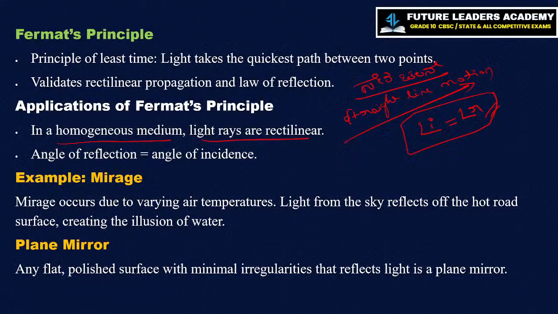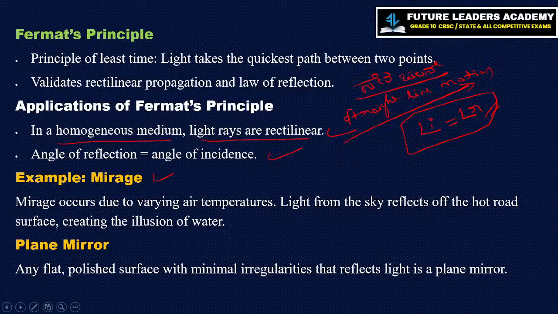So then light rays are rectilinear and the angle of incidence is equal to the angle of reflection. Both are same, vice versa you can say. So then, for example, angle i is equal to angle r.